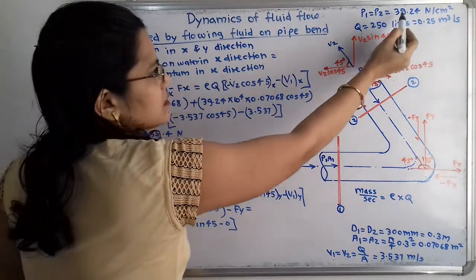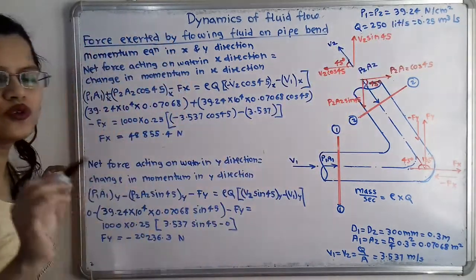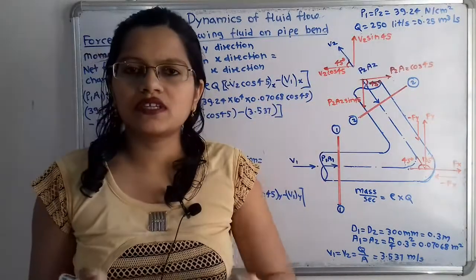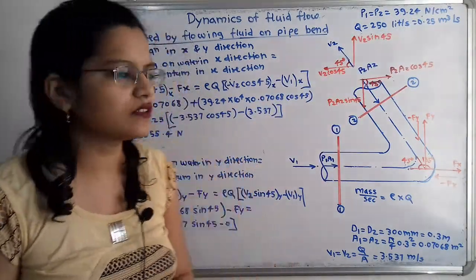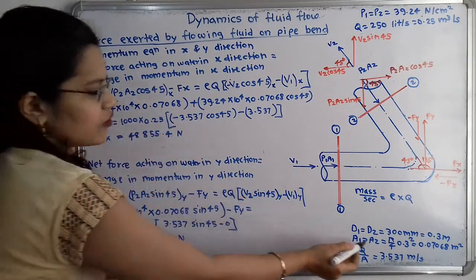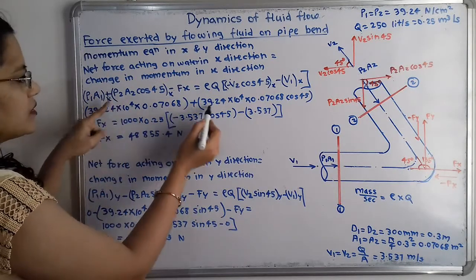So we know the value of P1 into A1. P1 is 39.24 multiplied by 10 raised to 4 Newton per meter square. So we have to convert this Newton per centimeter square into Newton per meter square, multiplied by A1. A1 we have already calculated, 0.07068, plus P2A2.